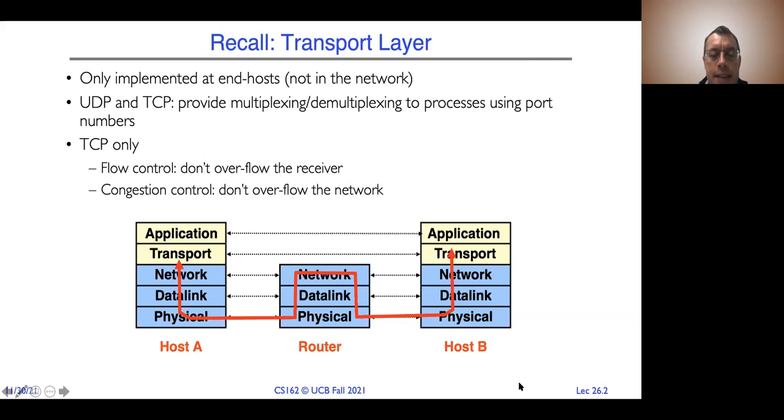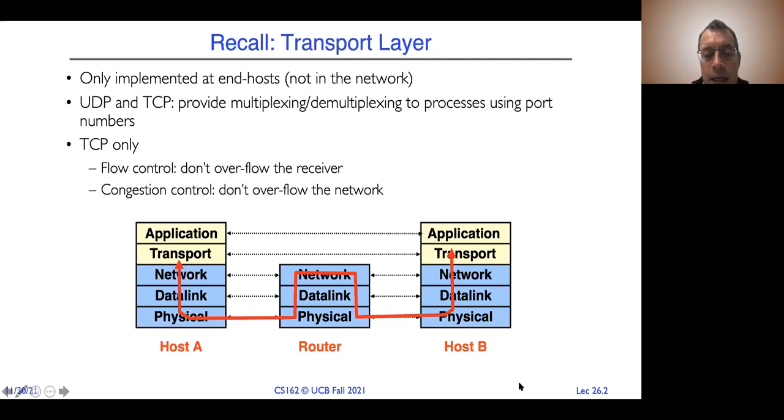So the network layer doesn't differentiate between processes. The network layer addresses only machines, only end hosts. So the network layer is going to take a packet and send it to another end host whose address is in the packet header as destination address.